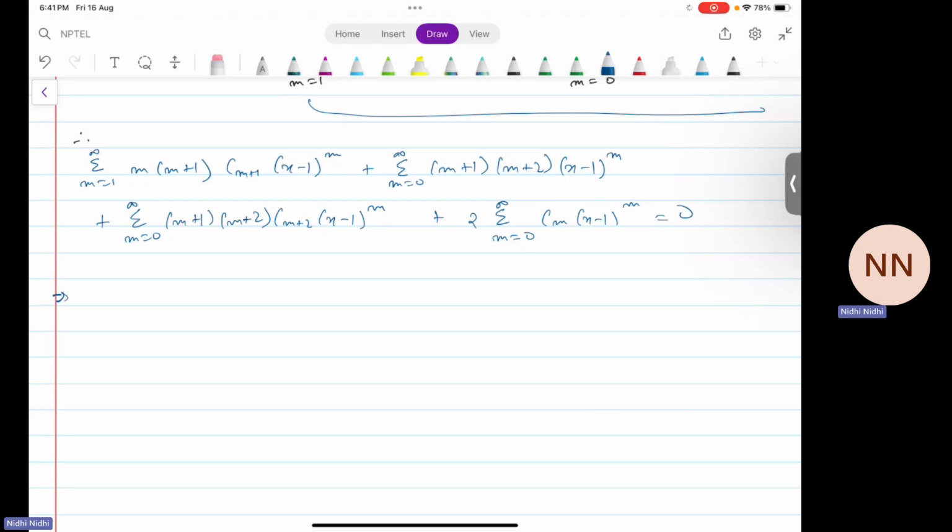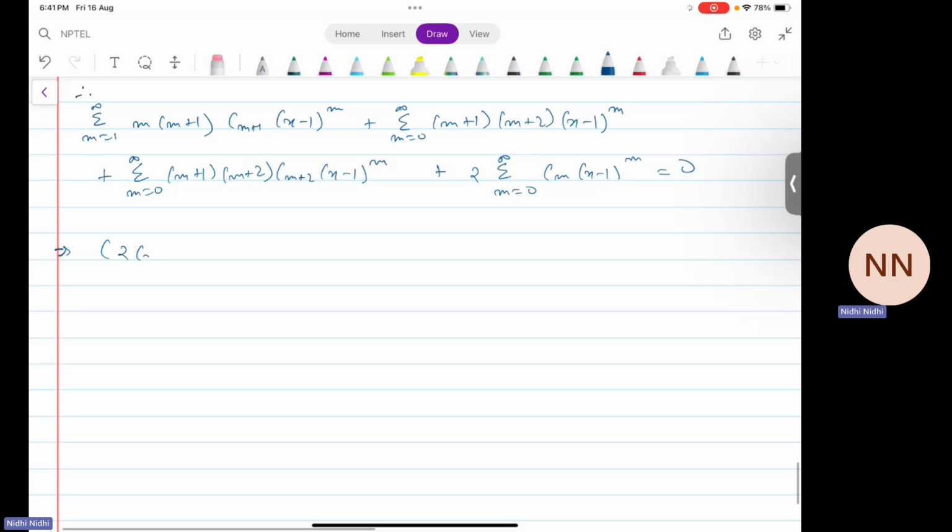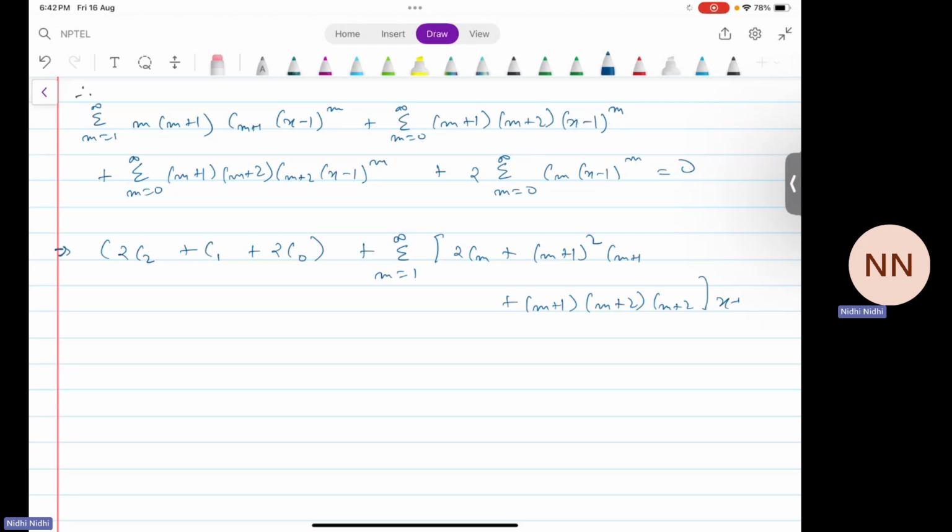So this implies 2c2 plus c1 plus 2c0 plus summation m equals 1 to infinity of 2cm plus m plus 1 square cm plus 1 plus m plus 1 times m plus 2 cm plus 2, times x minus 1 to the power m, is equal to 0.